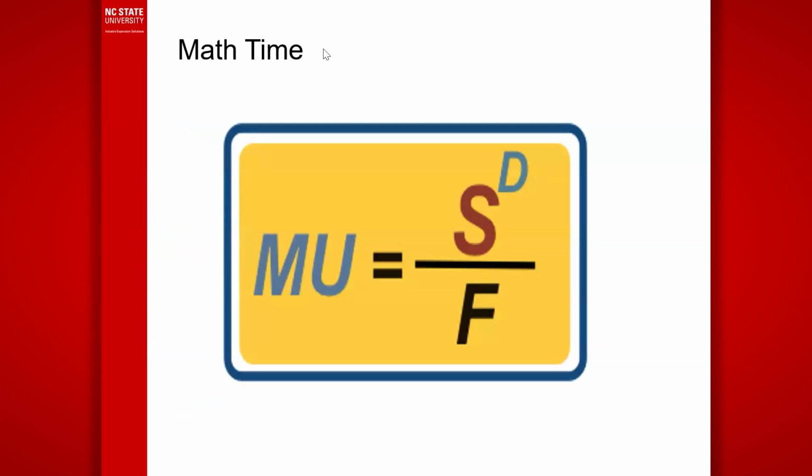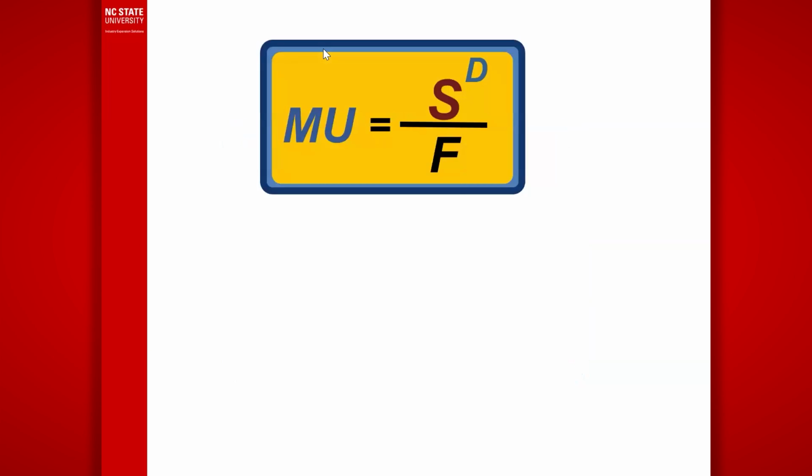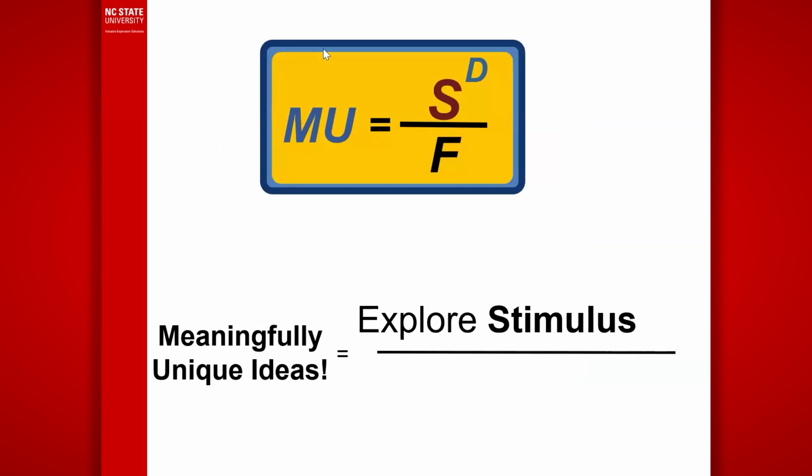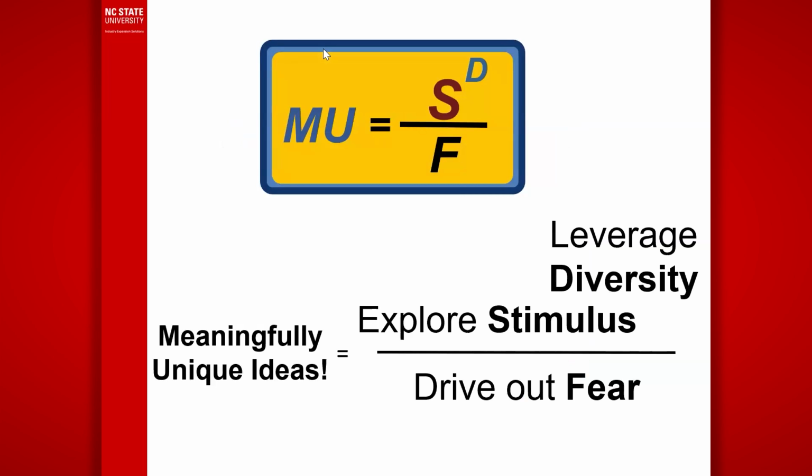I want to talk about the 3 factors that influence creativity and creating ideas. These 3 factors that we need to understand are stimulus, diversity, and fear. The S stands for stimulus, the D is diversity, and fear is what you see in the denominator there. We call this the innovation equation, although there are no specific numbers, just factors.